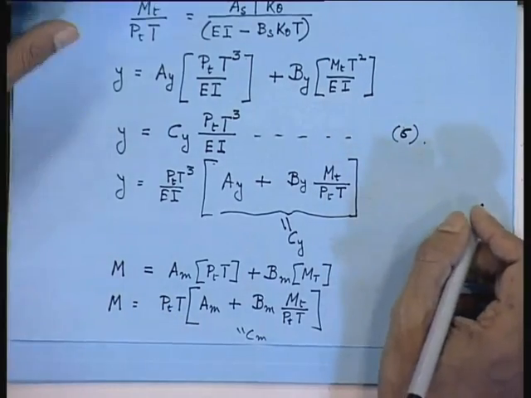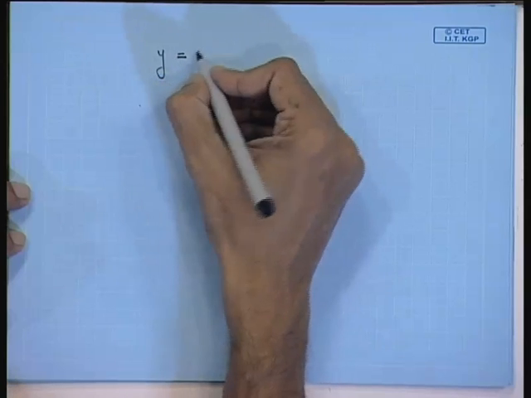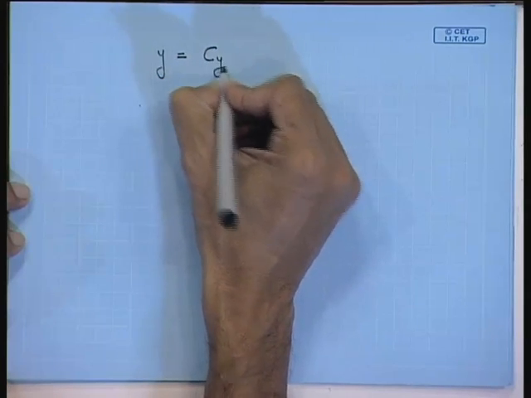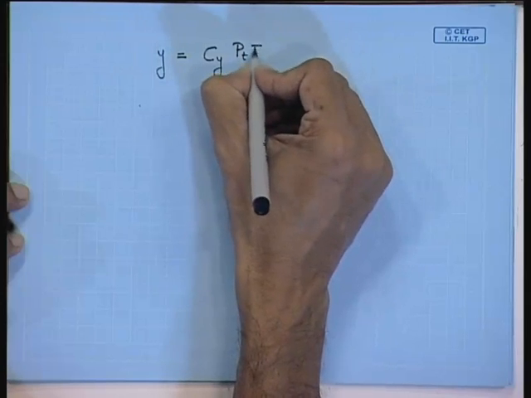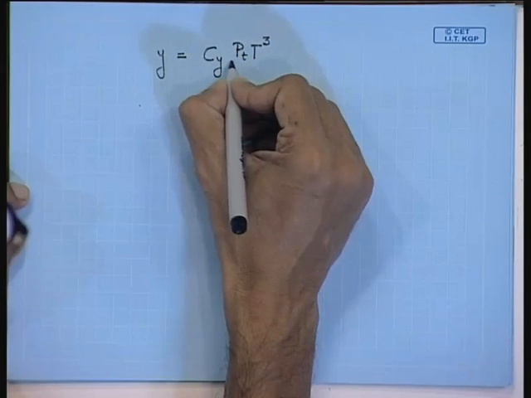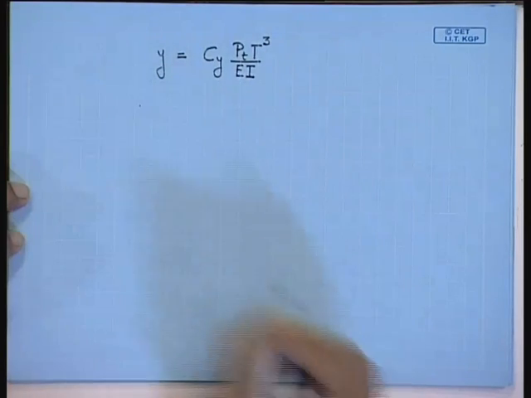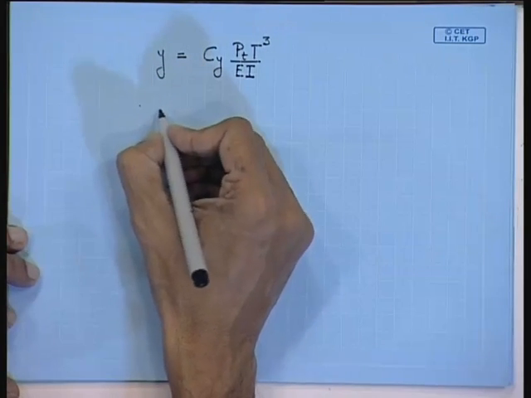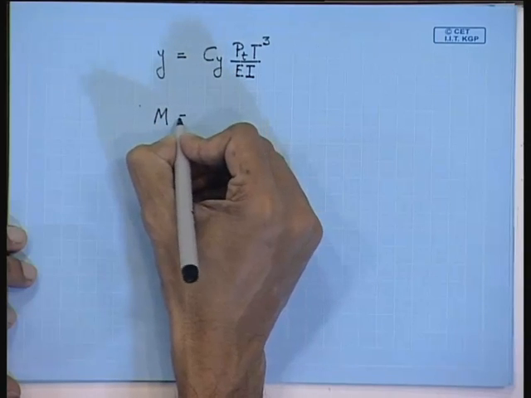So, we are getting the two important parameters. One is the deflection we are getting in terms of a coefficient which is called Cy multiplied by PT T cube over EI. So, this is one important relation we have got. The other important relation that we have got is the bending moment term.